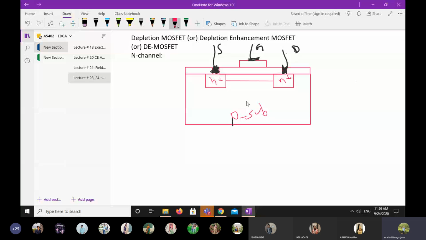Okay, so now see, these are the different cases we are going to see, for the MOSFET and here for the D MOSFET.